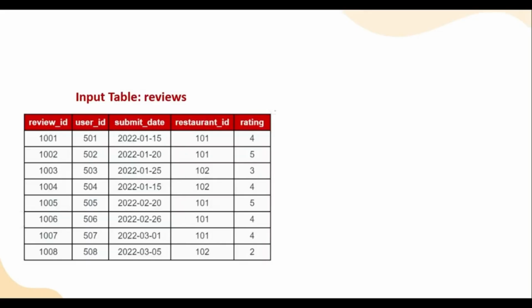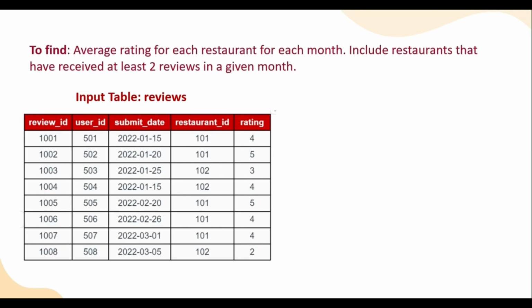The input table is the reviews table with the columns review ID, user ID, submit date on which the review got submitted, the restaurant ID, which is the ID of the restaurant, and the rating that has been given by the user. Since you want to calculate the average rating for each restaurant for each month, and include only the restaurants that have received at least 2 reviews in a given month, your output should look like this.